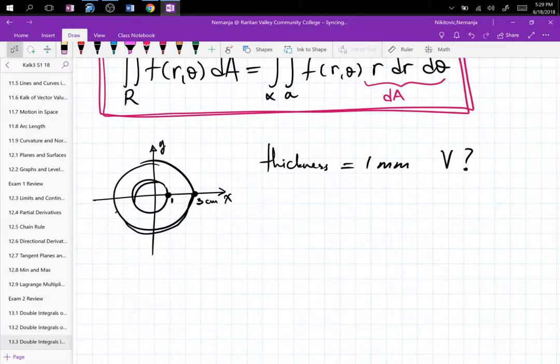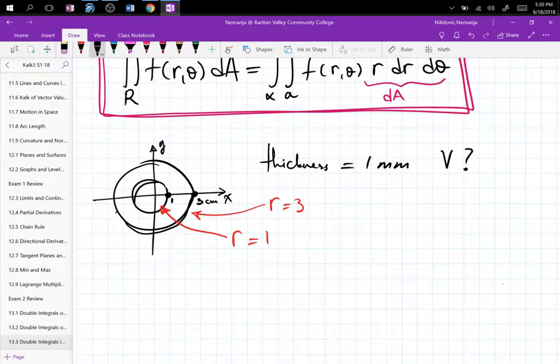But you know, why simple if we can complicate things? Let's use the integral to compute this, because we can. The formula for the inner circle is simply r equals 1. And the formula for the outer circle is r equals 3.